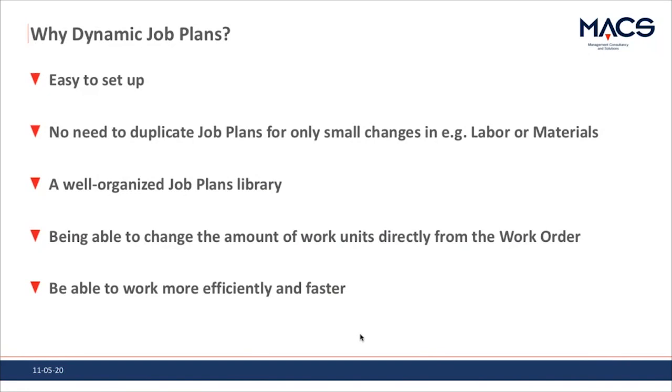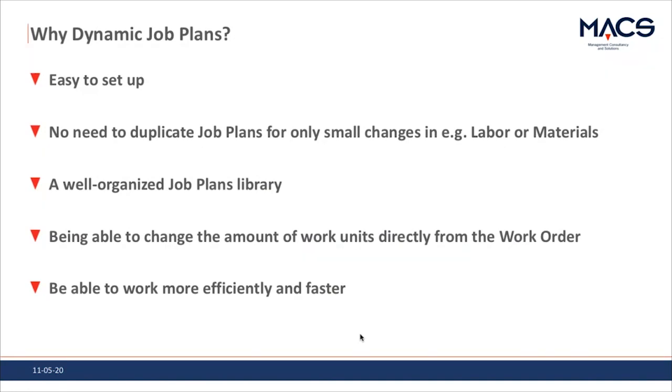So being able to change the amount of work units directly from the work order is a massive plus to me. When you have the dynamic job plan set up properly, you can just work from the work order itself in the work order tracking application to change the amount of work units. So the labor hours, materials, etc. will change directly on the work order.